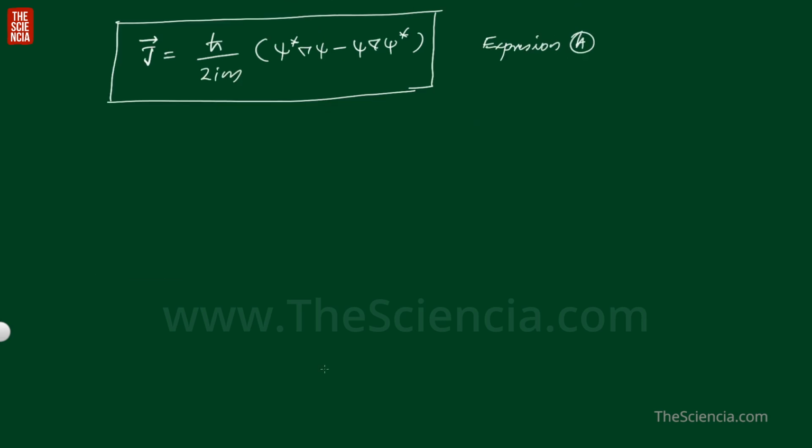Now we are going to find another expression for current density. Suppose a wave function psi is given. Then we can find psi star del psi and psi del psi star. Suppose for psi star del psi we got a complex value, that is a plus ib. Then psi del psi star is nothing but the complex conjugate of this one, that is, we get a minus ib.